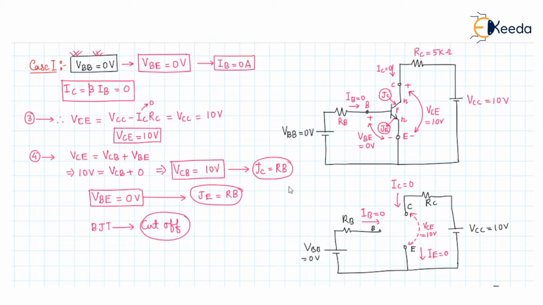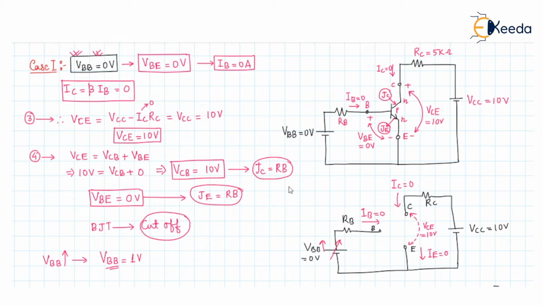After this, what we do, we will change this potential and increase this VBB voltage to some finite value. So let us take that right now we increase the VBB potential to some finite value. Let us assume that we have applied the VBB as 1 volt.